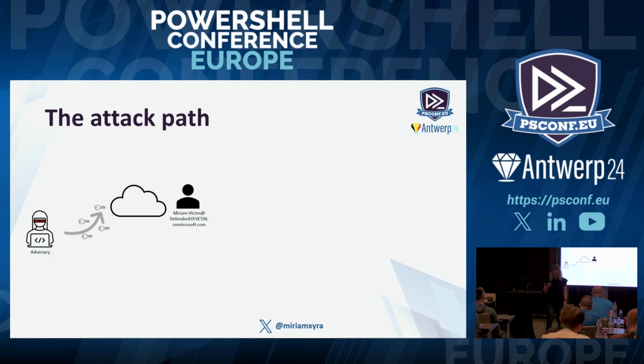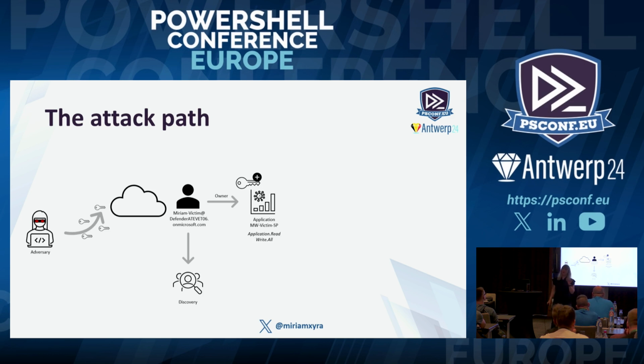So as a first step, the attacker performs a password spraying, and we find out that there is an account, which is Miriam victim, which we then use for the discovery. In the discovery, we also find out, luckily, that the same account that we already compromised here is the owner of an application.